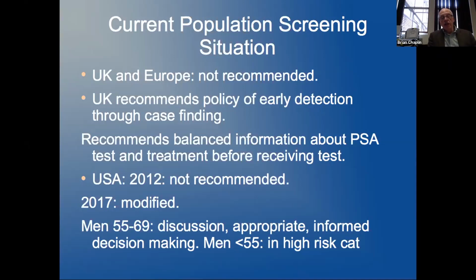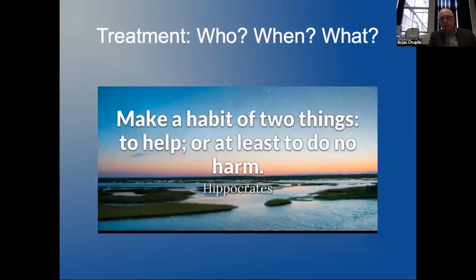They've advised that men between the ages of 55 to 69 should have a discussion with their urologist, with appropriate informed decision-making, before going on to be screened. They also stated that men under the age of 55 who are in the high-risk categories, which I've just alluded to earlier, African-American men, BRCA2 gene, strong family history of prostate cancer, should be considered for screening in the urologist clinic.